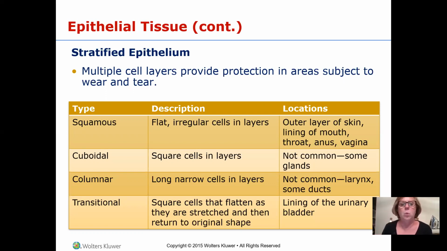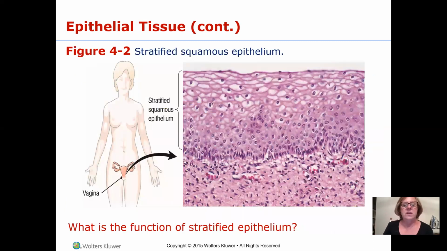And then we have one last type of stratified epithelium, and that's the transitional. And these are the square cells that flatten and stretch, so they have some elasticity there. An example of where you find those is in the urinary bladder.